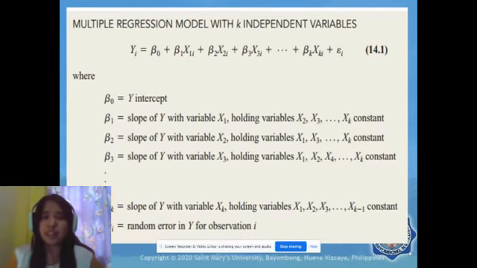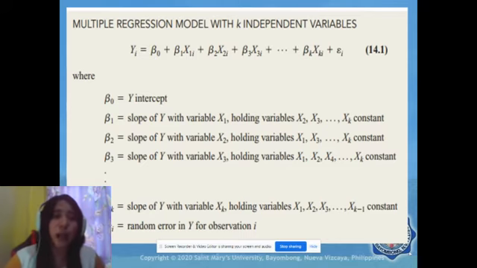Beta sub 1 is the slope of y with variable x sub 1, holding of course all variables x sub 2, x sub 3, and all other variables constant. For beta sub 2, the same case, this is the slope. So beta sub 1, beta sub 2, beta sub 3, until beta sub k are the slopes of the y variable with its corresponding variable x.